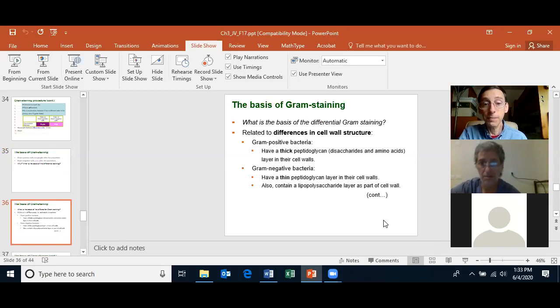So it does have peptidoglycan in the gram-negative cells, but it's a much thinner layer. The gram-negative cells also have a lipopolysaccharide layer, which I don't think we've talked about yet. I will. But the gram-negative cells have a lipopolysaccharide layer, or just a lipid layer, and that lipopolysaccharide is destroyed in the decolorizing step.